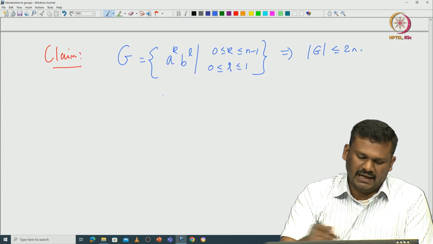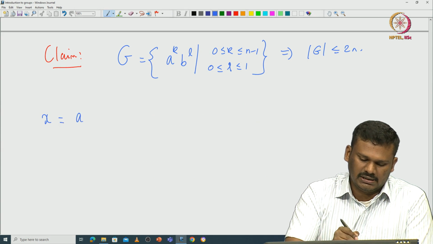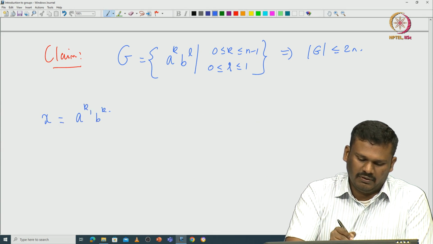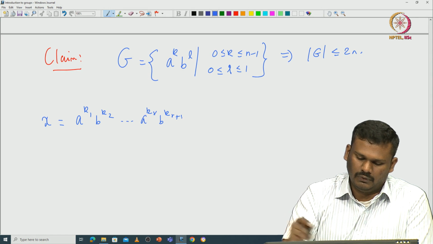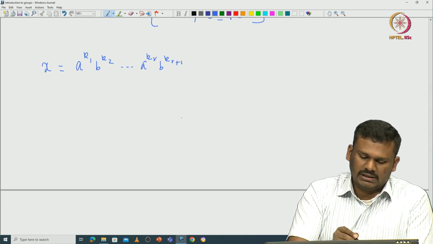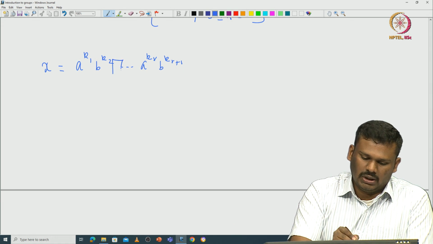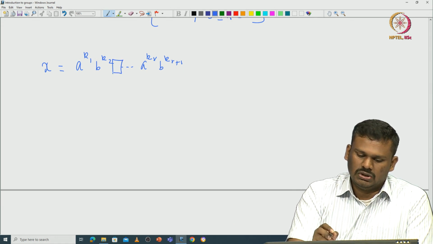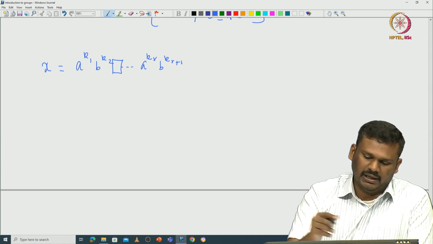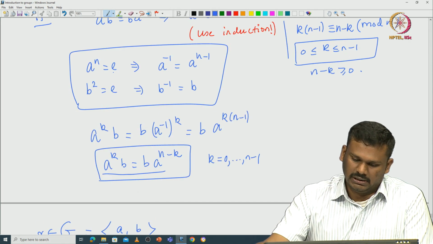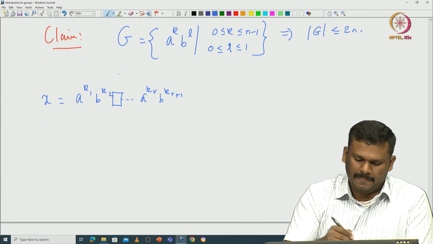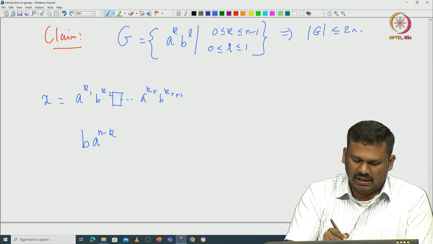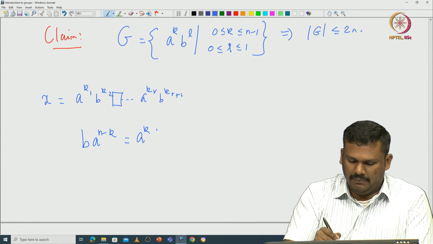Now given x, we already know that it can be written as some a power k1 b power k2, etc., a power some kr b power kr plus 1. Now if something is not in the correct order, you are allowed to replace it. So let us rewrite that relation: b a power n minus k is nothing but a power k b.